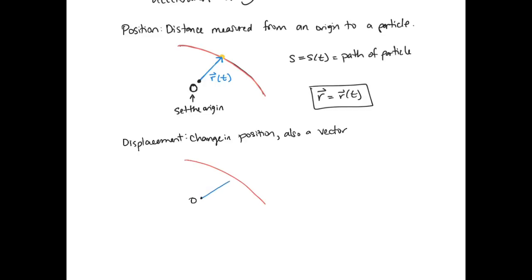At the first point, the position will be r of t, and let's say our particle keeps moving along this path and then after a certain amount of time, it's here. We'll call this second position r prime. So this is position 1, and this would be position prime.